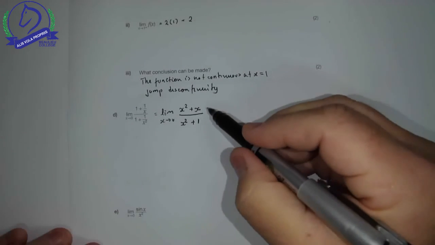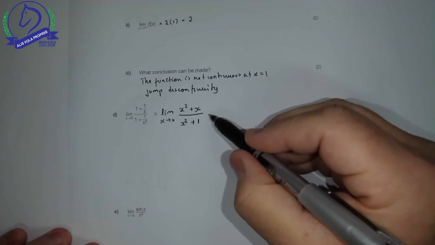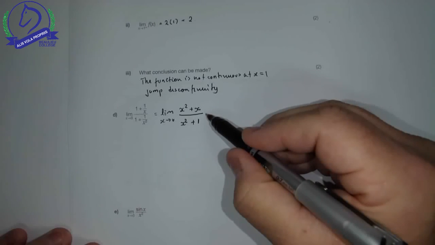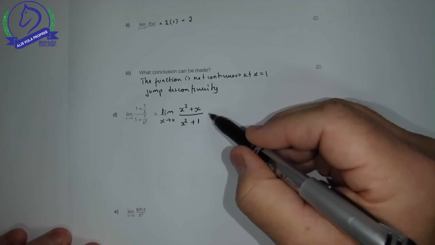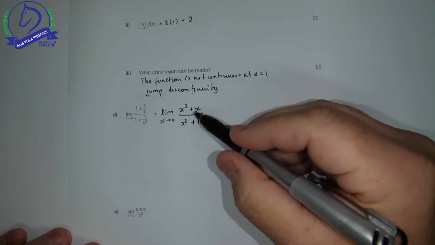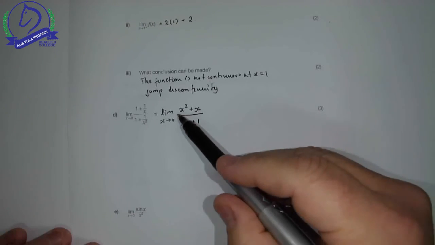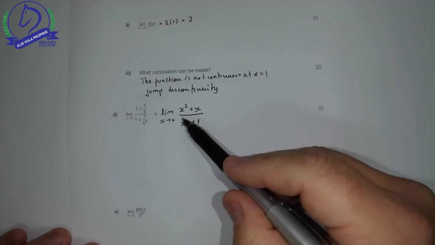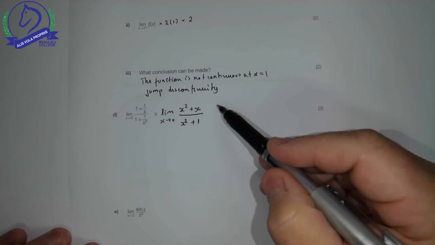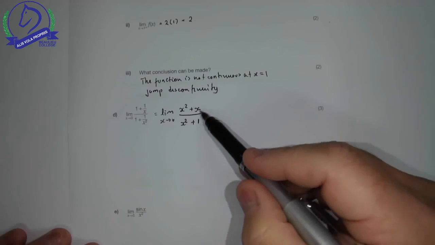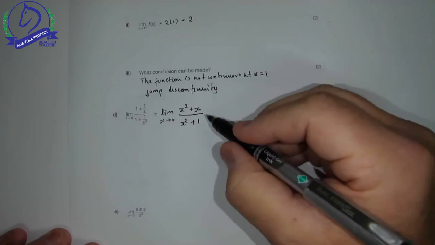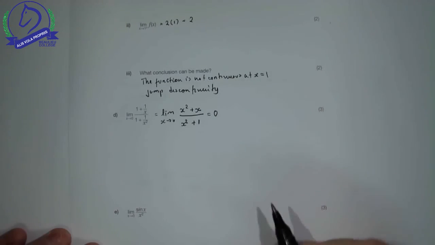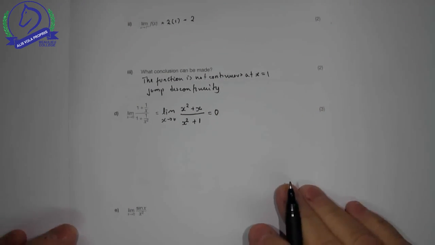So if I now substitute by 0, what am I going to end up with? My numerator is going to be 0, my denominator is going to be 1, and that has a meaning, it has a value of 0, so the limit is equal to 0.